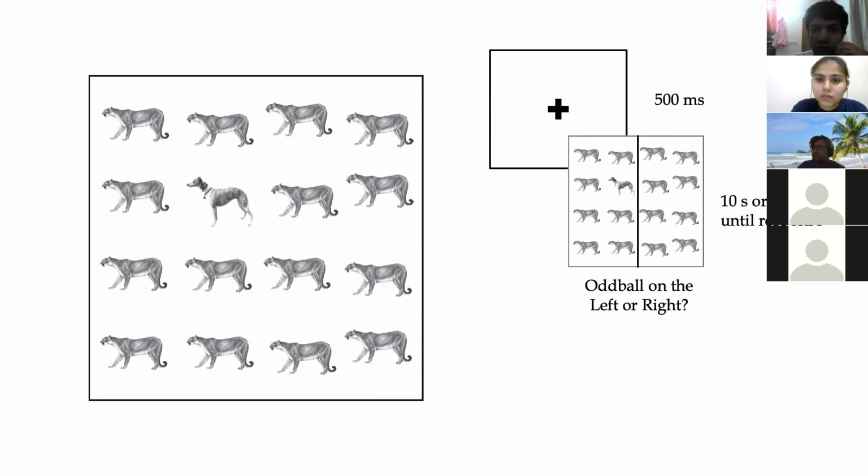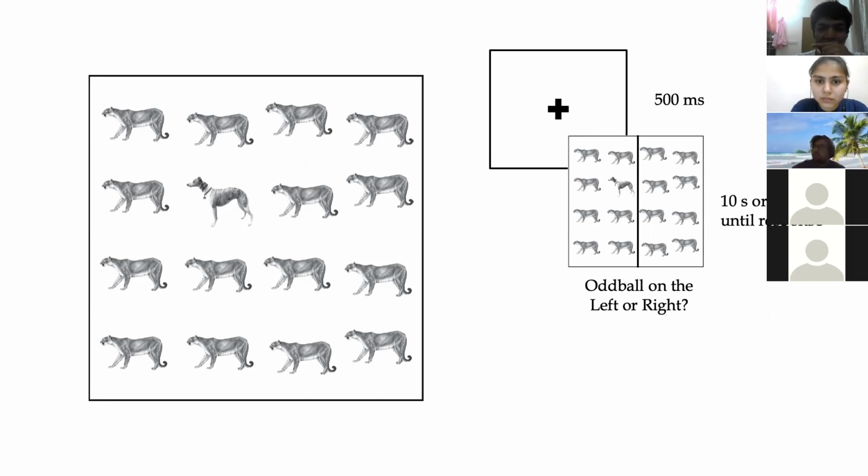The idea was that the subject actually fixated at the center. And when we show this oddball search array, there is a red vertical line in the middle of the screen, dividing the screen into two halves. And the subject has to indicate by pressing a key whether the oddball target is on the left side or on the right-hand side of the screen, as quickly and as accurately as possible.